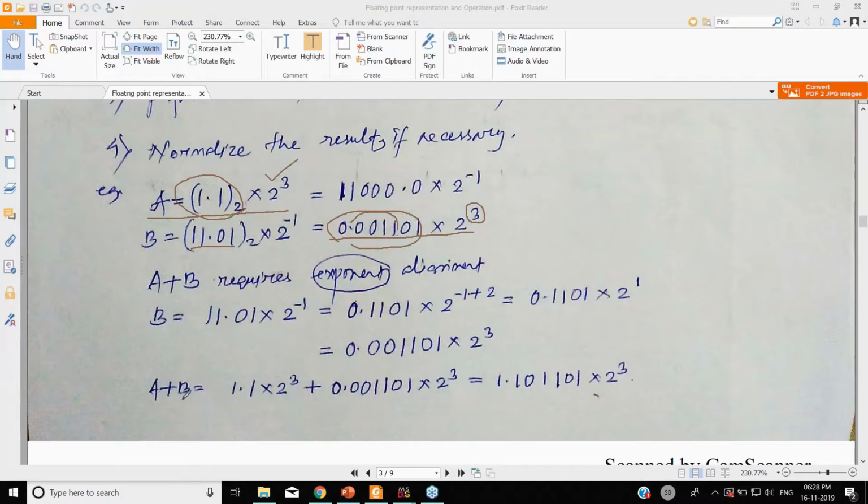A plus B can be done: 1.1 into 2 to the power 3, there is the value of A. Then 0.001101 into 2 to the power 3, there is the value of B with little modification. The value is not changed, it is just interpreted differently. The exponent is changed and the binary fractional point is jumped to a different position.